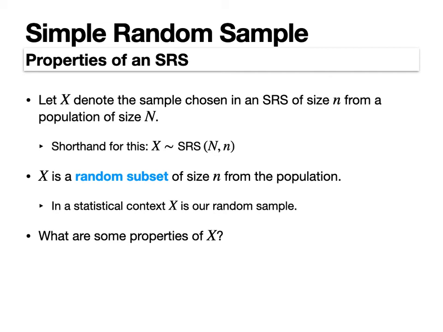That just means that X is the simple random sample of size little n from a population of size big N. So X is what we call a random subset of size little n from the population, right? It was chosen randomly and it is a subset of size n, so it's a random subset. In a statistical context, X is just our random sample. What are some properties of that random sample?